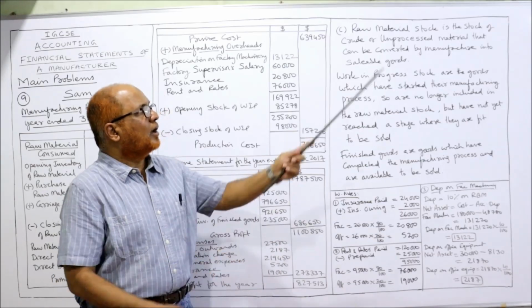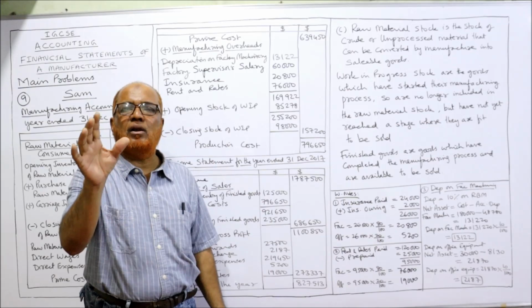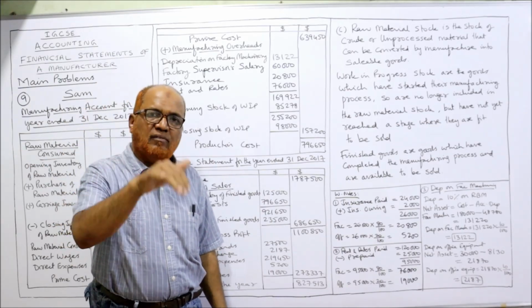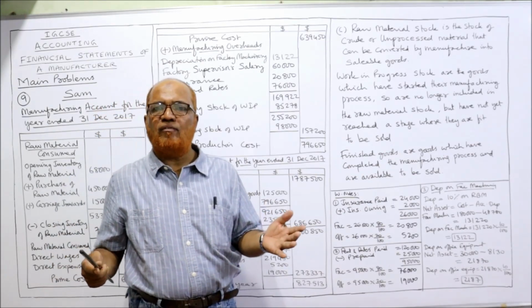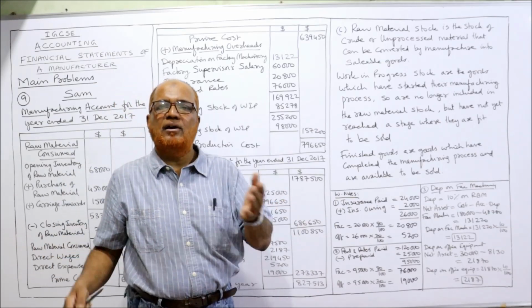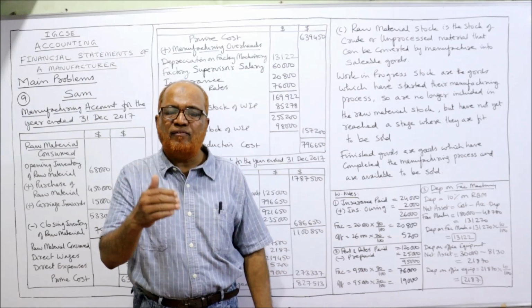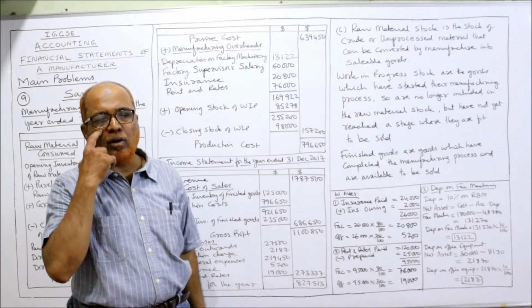Again I am repeating. Raw material stock is the stock of crude material or unprocessed material which has to be converted into saleable goods. That means it is in the raw form, unprocessed material lying in the stores before the manufacturing process gets started. That is called raw material.